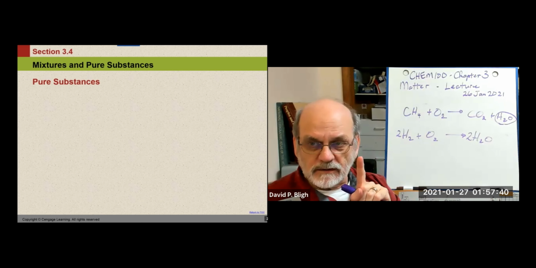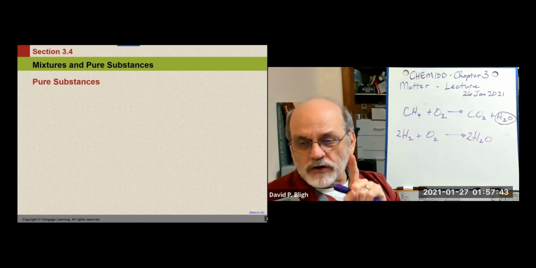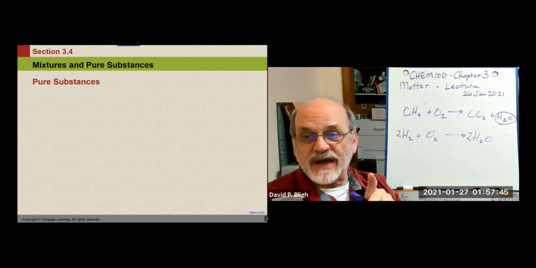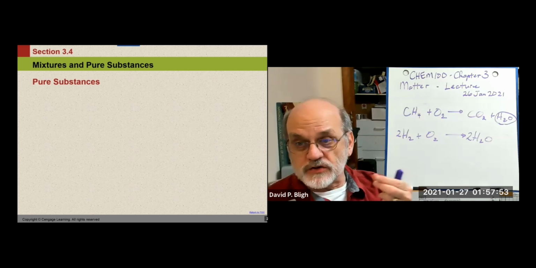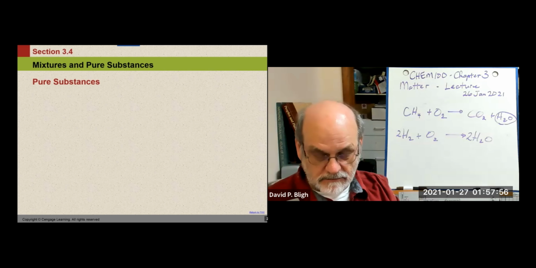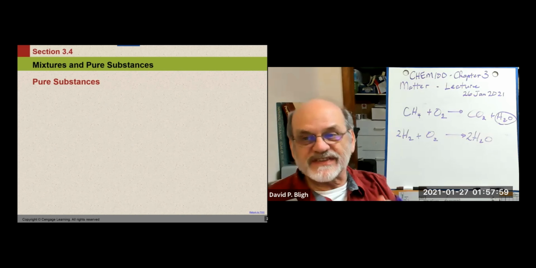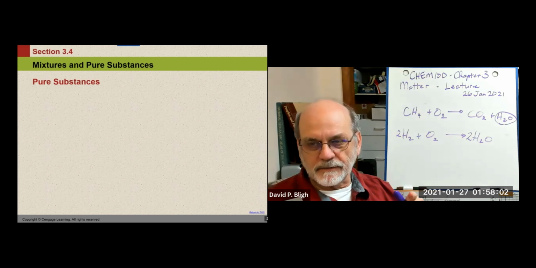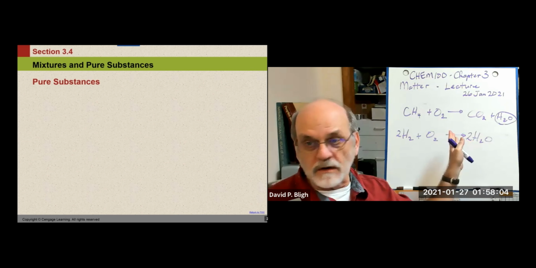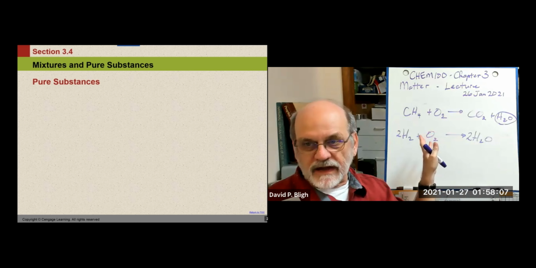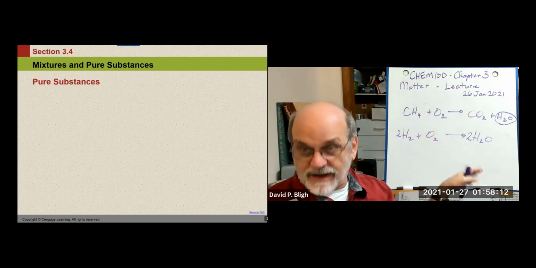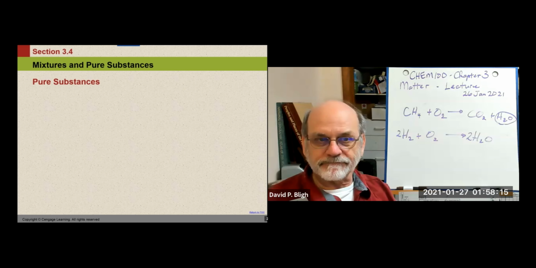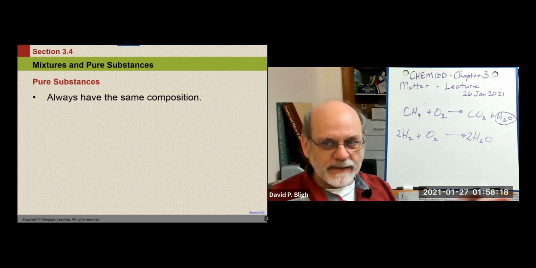If it's pure, then once you've used all your physical means to reduce the compound to an individual part, a molecule, then all the molecules that you have obtained from that substance will be the same. That's a pure substance. So if it's water, pure water, all the molecules are water. If it's pure gold, all the atoms will be gold. It's a pure substance and an element. Same composition.